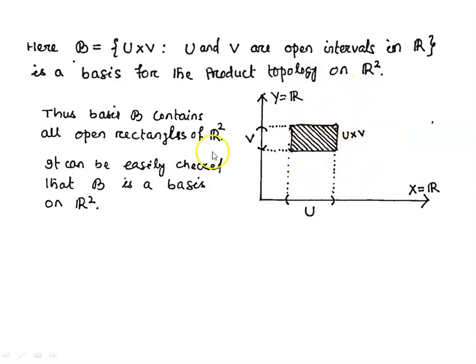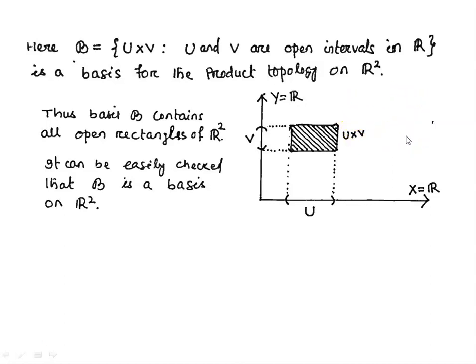It can be easily checked that this B is a basis, because by the definition of basis we know that the first condition of basis is for any element in X cross Y there must exist a basis element containing that element. So if we take any point in X cross Y, we can find a basis element, a rectangle around that element.